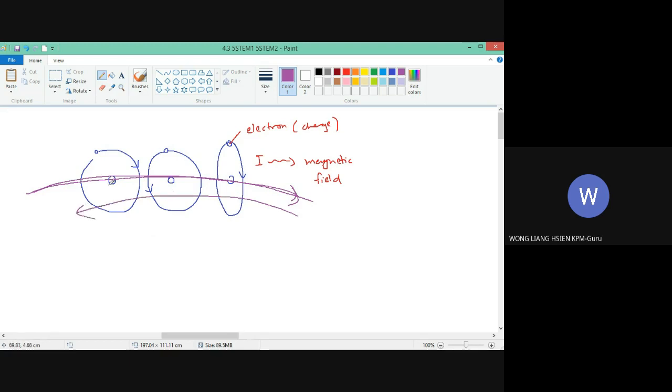So the electron orbits in one direction, then slows down, stops, and then changes to the opposite direction. You see? Every time the current changes direction, the magnetic flux also changes direction. So it makes the electron change direction, become faster, slow down, stop, change direction again and again. So all of these need energy.